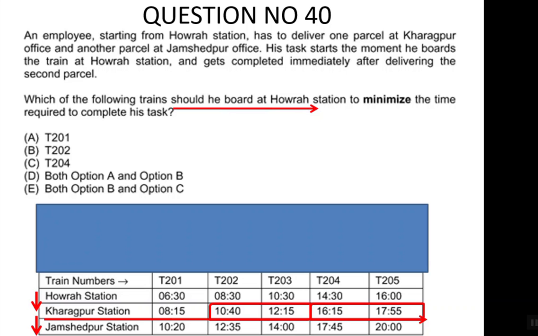And if he takes train T204 from Howrah station to Kharagpur and train T205 from Kharagpur to Jamshedpur, he starts at 2:30 and reaches at 8 o'clock. Precisely, the time gap between these two cases is exactly the same. Hence, the correct answer will be option E, both option B and option C.